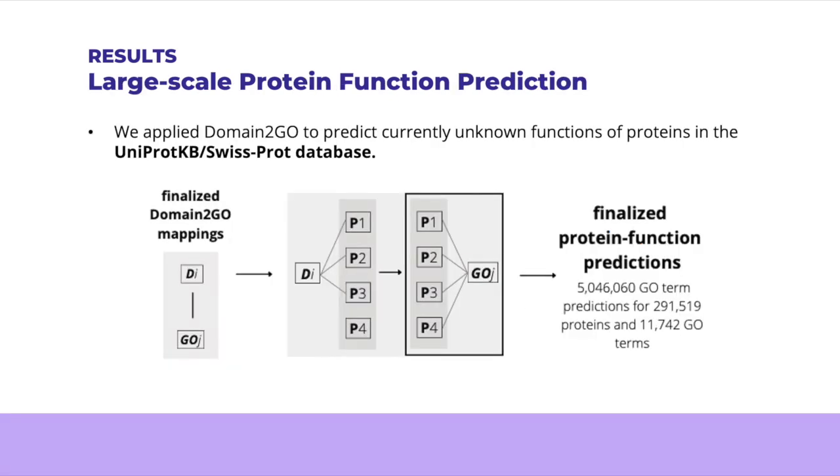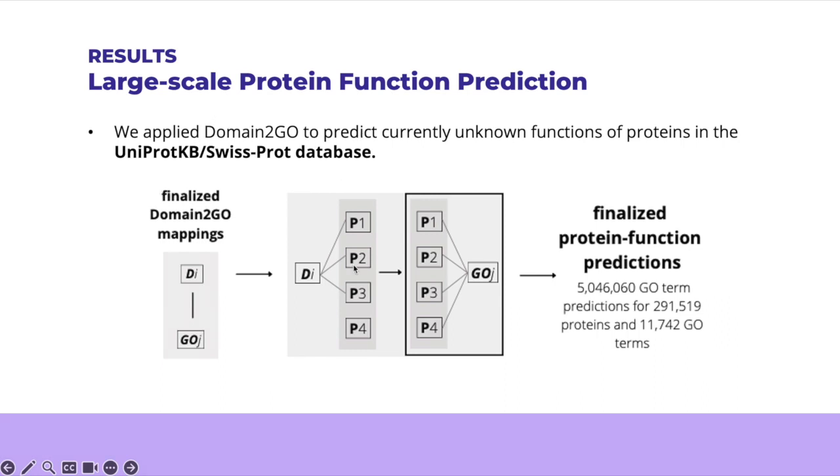The domain-GO term mappings generated in this study have the potential to facilitate large-scale GO annotations for unknown proteins. Scalability is a significant advantage, which is a critical issue for most state-of-the-art protein function prediction methods. In our study, we exemplified the scalability by utilizing the final Domain2GO mappings to predict GO term annotations for over 500,000 proteins in the UniProtKB/SwissProt database.